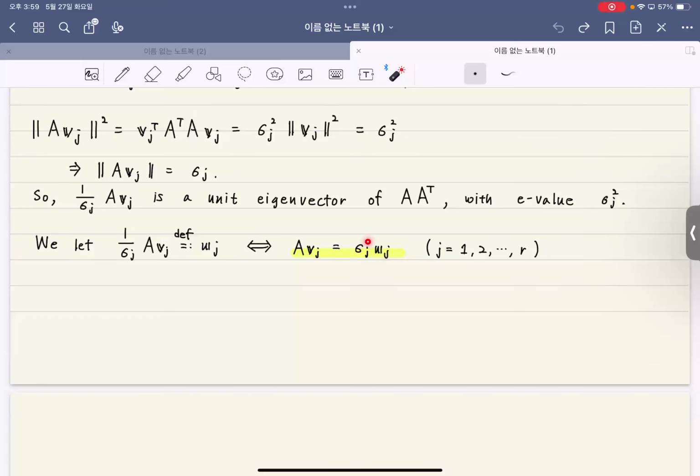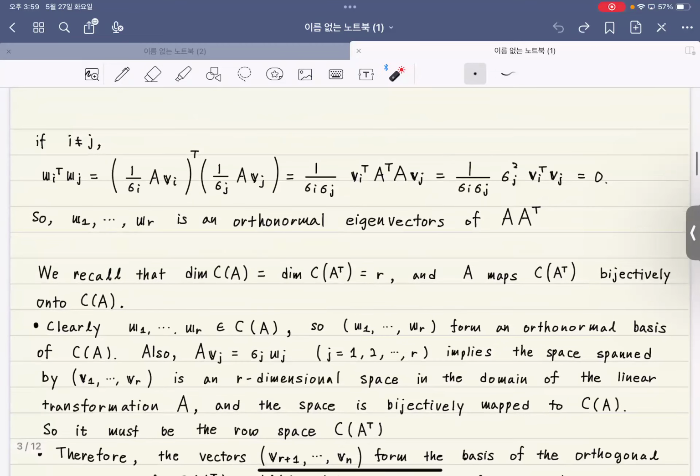Normalizing them, we have the orthonormal basis. So with this simple computation, we have obtained the orthonormal basis for the row space and for the column space. And we also know how these basis vectors for these two spaces are related to each other, just by this very simple and elegant equation.